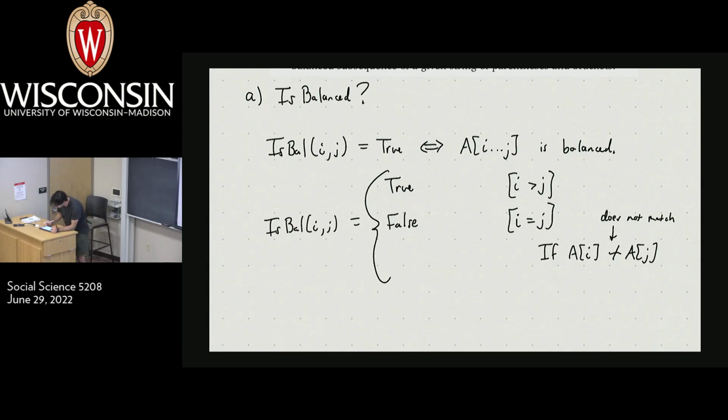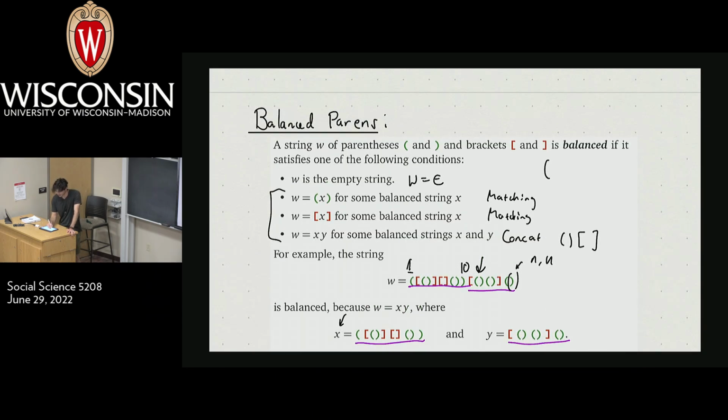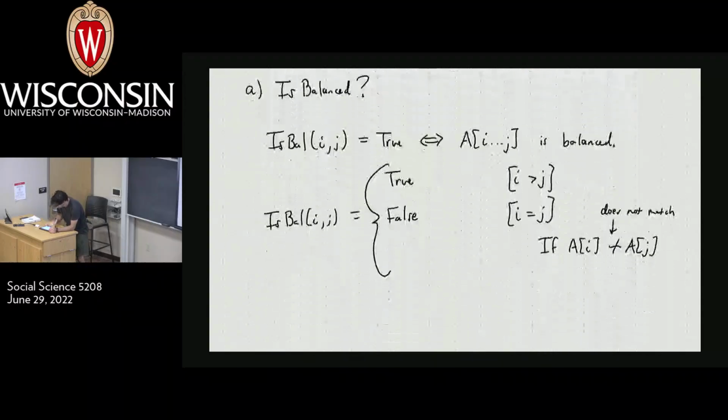Okay? So if A[i] and A[j] do not match, well, we can't use these two cases. So these two cases are out. So our only choice is to use the last case. So we need to break up our string into two substrings. So how do we break it into two substrings? There's a 3-word sentence I'm looking for.